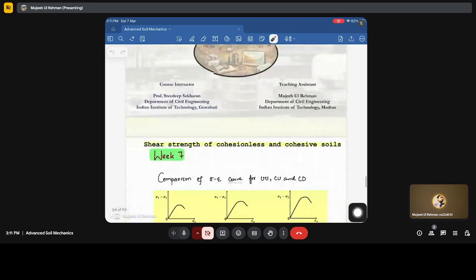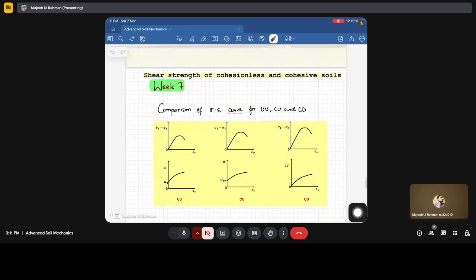Briefly concluding that comparison of the stress strain curves for UU, CU, and CD, the responses are not altogether the same, but they are similar, where the deviatoric stress reaches a peak and then drops while we are shearing the sample, and this variation is with the volumetric strain.